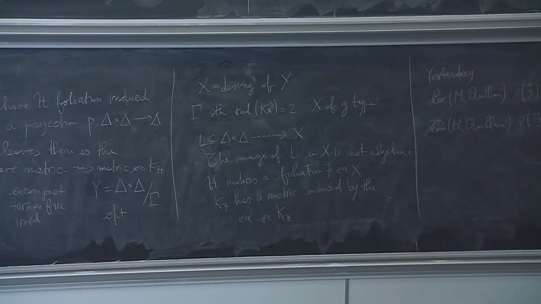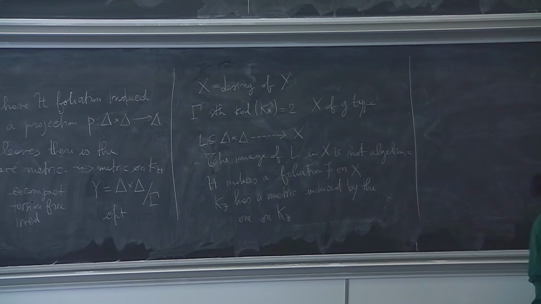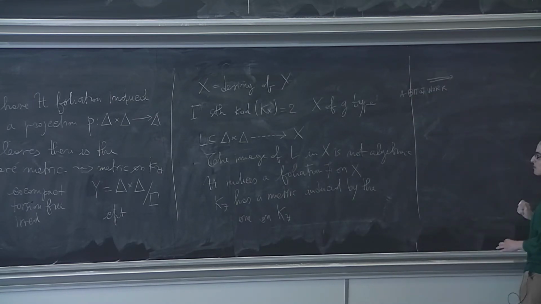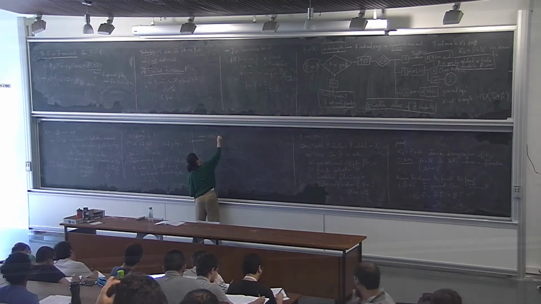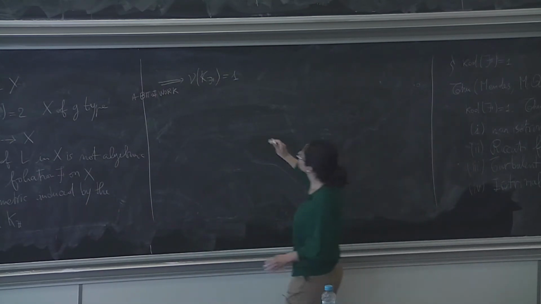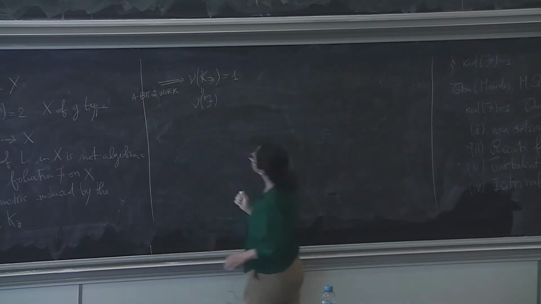And now this metric is not positive in the sense you've seen in Simone's lecture. It's positive just in the direction of the leaves. In the other direction, it's 0. So this is not a very precise argument, but with a bit of work, you can prove with this metric argument that the numerical Kodaira dimension of F is 1.